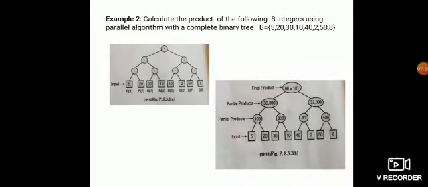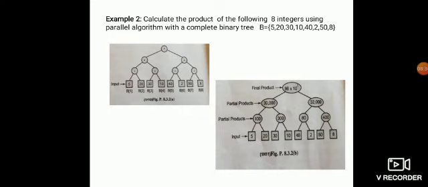Now the next example. Calculate the product of the following 8 integers using the parallel algorithm with a complete binary tree. In figure 8.3.2, we assign the given elements in an array at the leaves of a complete binary tree, and we perform the multiplication of leaf nodes in parallel to get partial products. In the last example we performed addition, and in this example we perform multiplication.